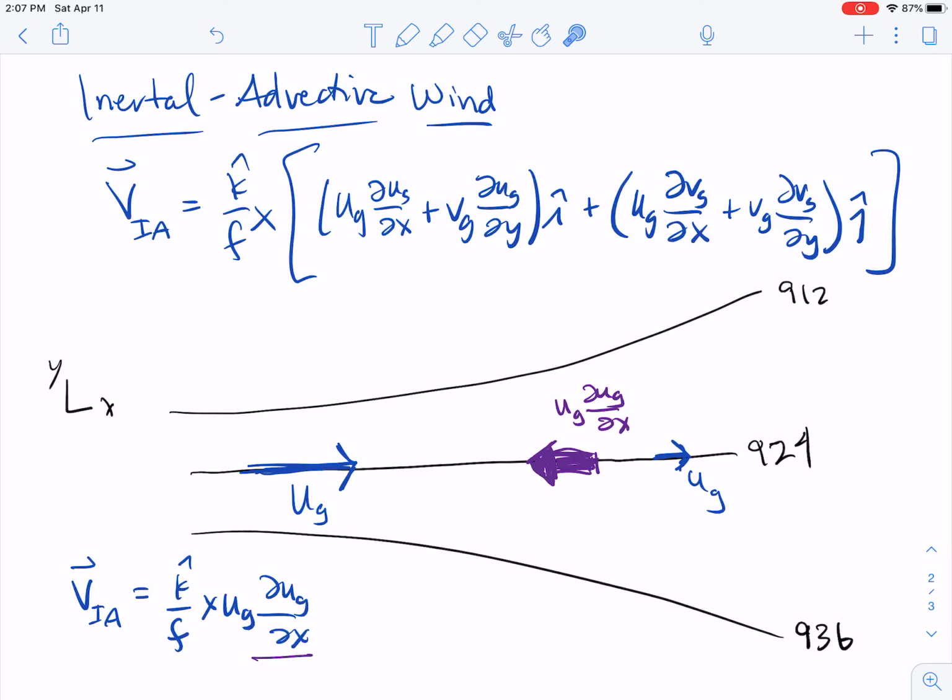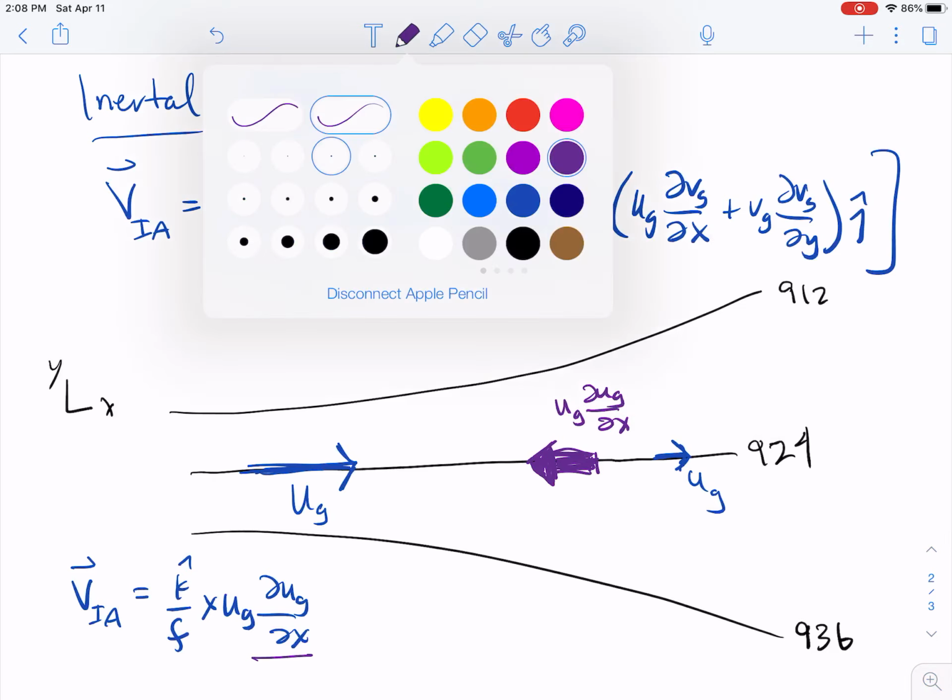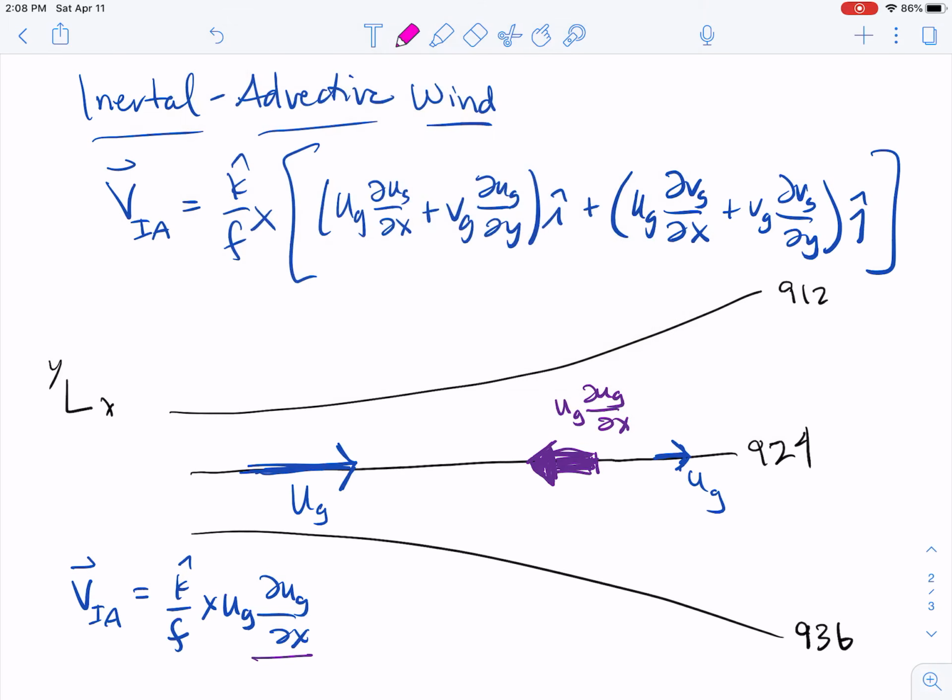But now we need to do our cross. K hat cross V: the right-hand rule states that our inertial advective wind is going to point in which direction? That's correct. K hat goes up first. Curl your fingers to cross in the direction of u_g du_g/dx, and your thumb is going to point towards the south.